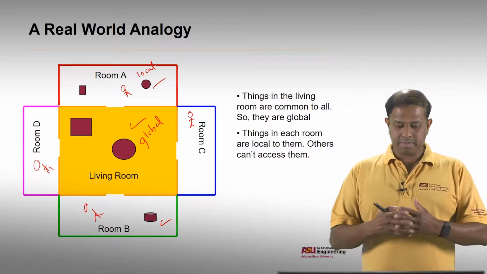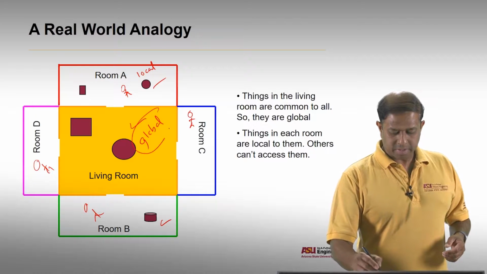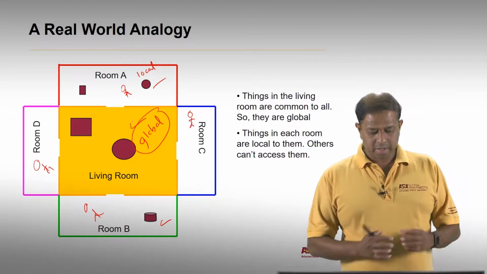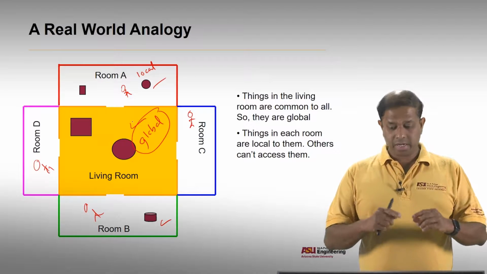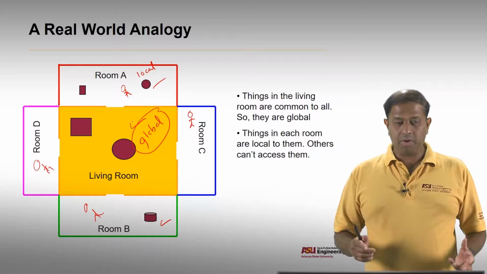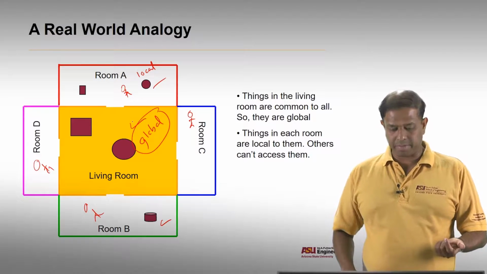If we declare variables outside of any of these methods, then these variables will be global variables. So it's like a living room area. But when you declare variables inside each method, those methods will pretty much own those variables and nobody else can really access them, right?